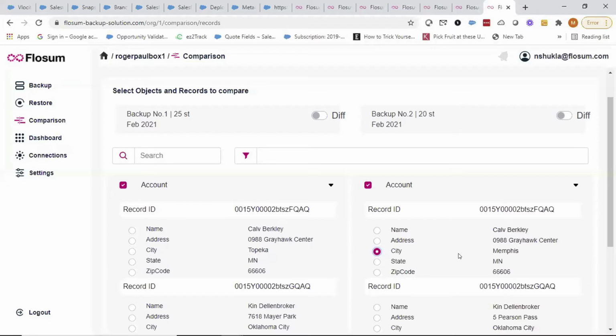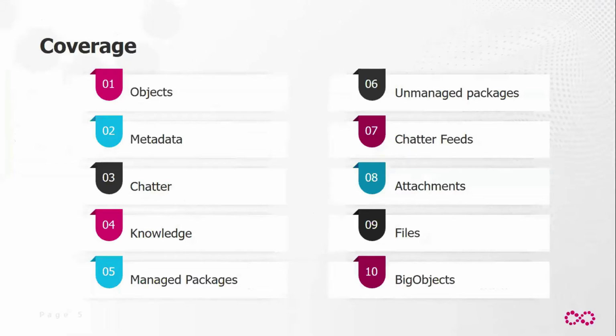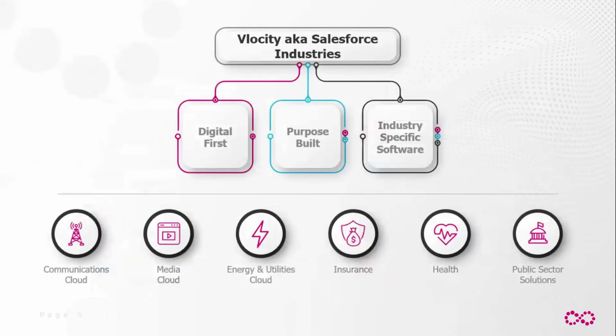And at this point in time, I will move on to the next part of our presentation, which is regarding Vlocity deployments. So Vlocity, as most of you would be aware of, was an acquisition by Salesforce probably a year or so back. It's now renamed to Salesforce Industries.